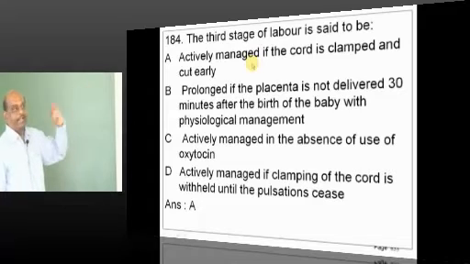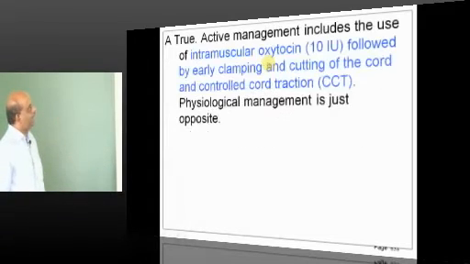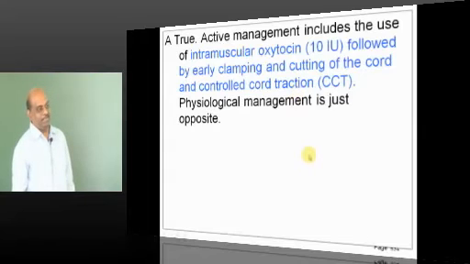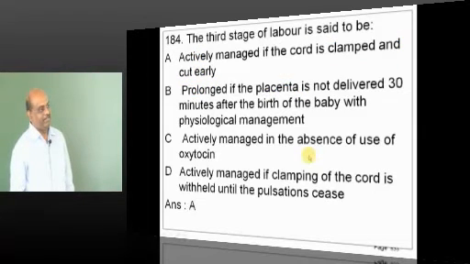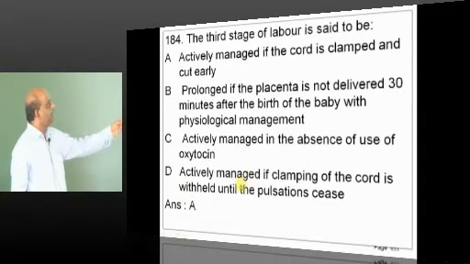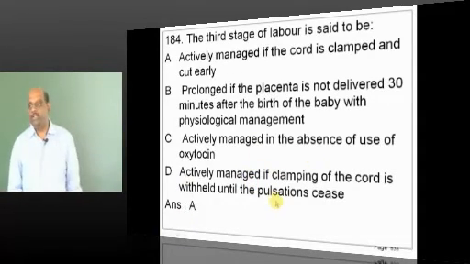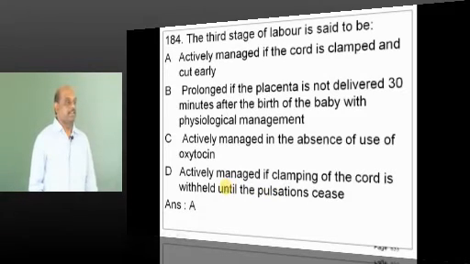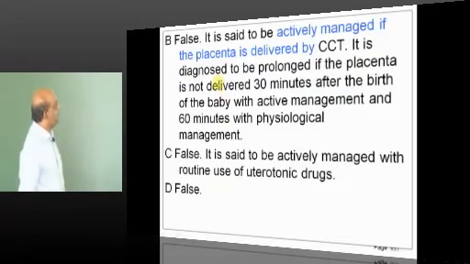Delayed cut actually. The definition of active management is the use of intramuscular oxytocin followed by early clamping and cutting of the cord and controlled cord traction, Brandt-Andrews maneuver. Or any other answer? Other two anyway you are not arguing, no? I can go ahead. Our score is still 6.